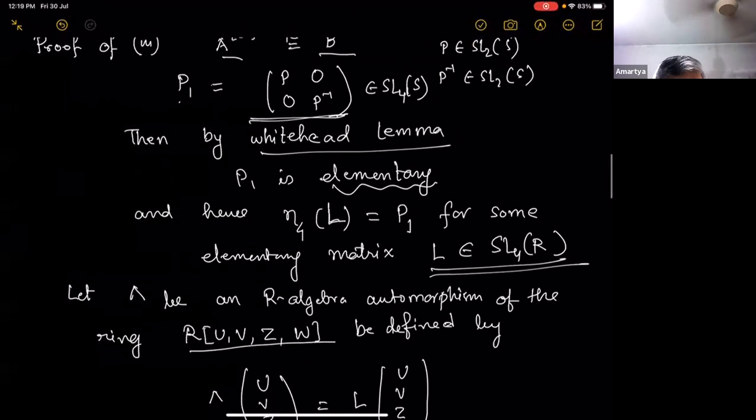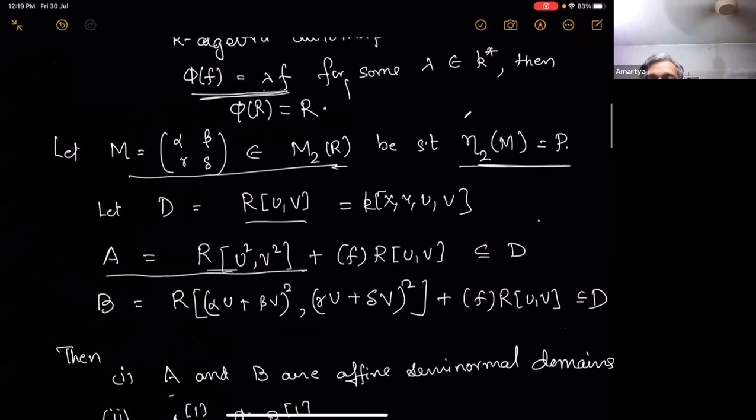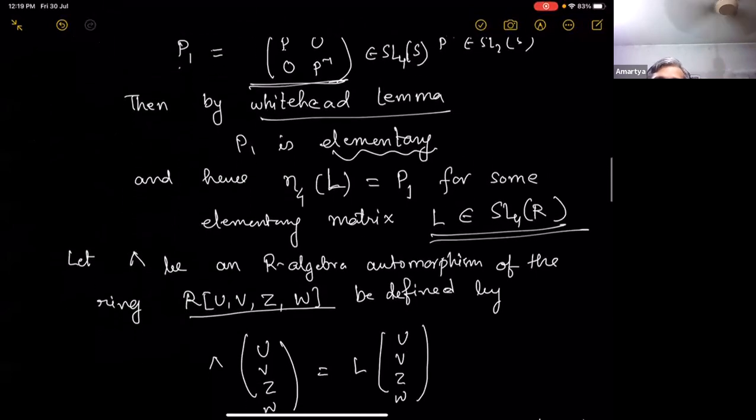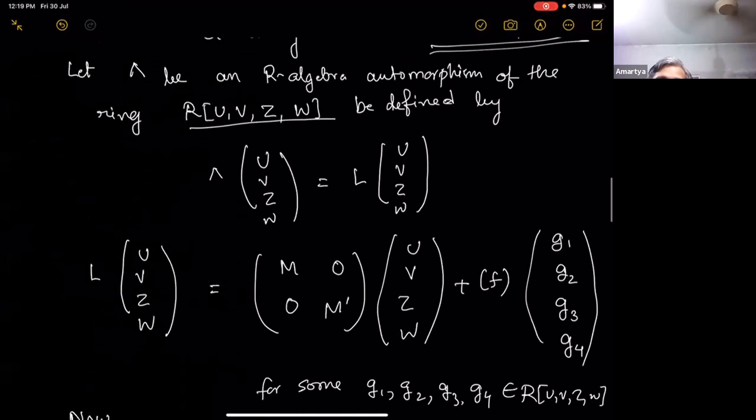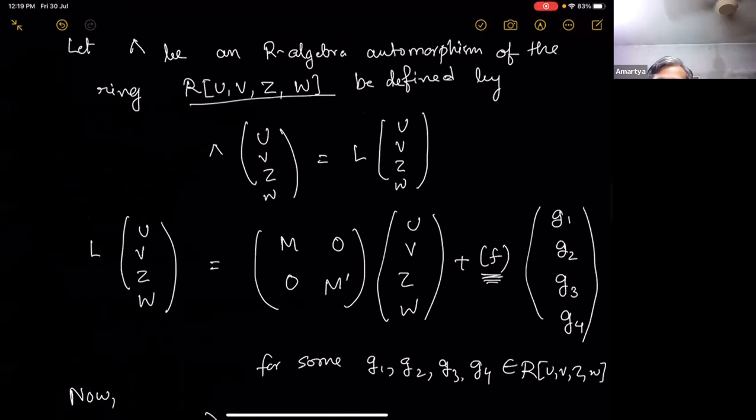So for this matrix P we have a pre-image, that is my M. Similarly for P inverse, we have a pre-image M dash, but then that will not be the same as this L. It will differ by some multiple of F. So considering that also, this automorphism L can be written as a sum of these two factors, where G1, G2, G3 and G4 are polynomials in these four variables. So modulo F, it is P inverse.